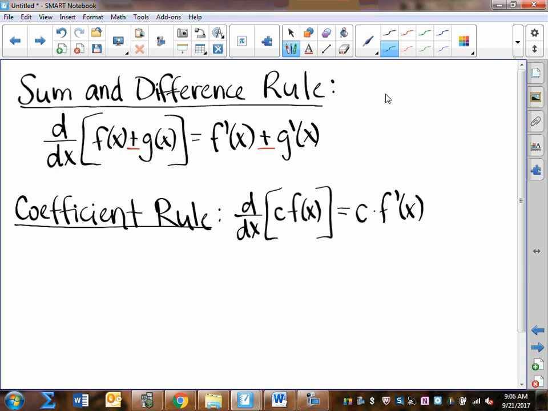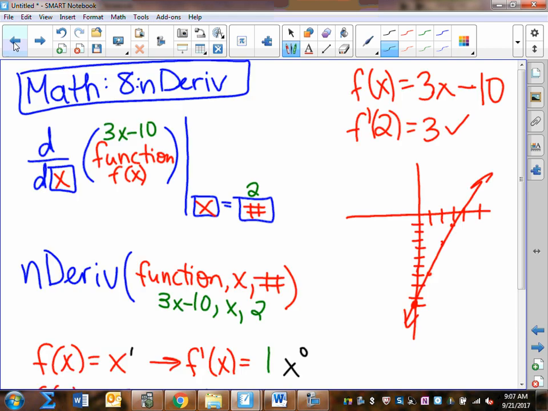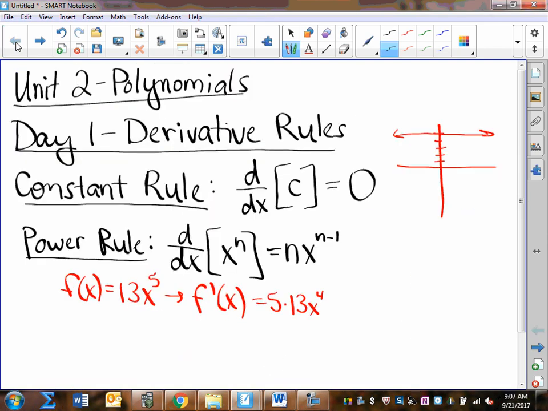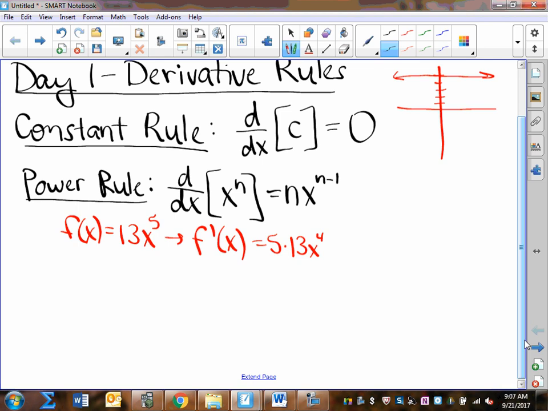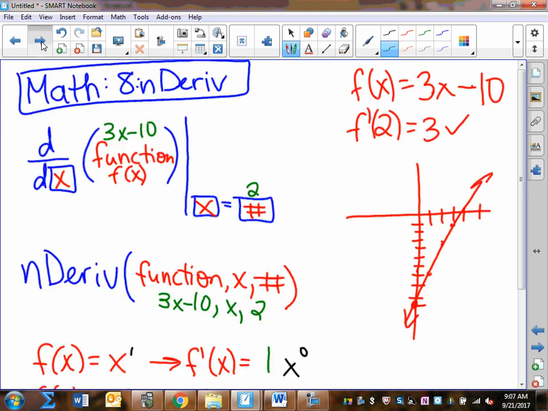So really, you take the derivative and just leave your coefficient multiplied in front. We technically did that with our 13x. Okay, so again, we did that over here. 13x, we brought the 5 down, and so what you would do is multiply those together. Okay, so the 13 is my coefficient, so 13 times 5x.